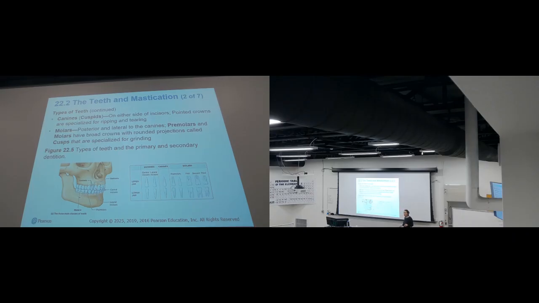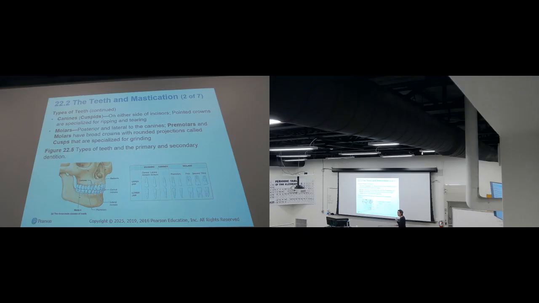We have two types of crown. We have anatomical and we have clinical. Anatomical crown is the crown that is covered by the hardest substance that we have in our body, which is the enamel. That's the anatomical crown. Anything that is covered by enamel will be in the anatomical crown. The clinical crown will be the one that is not covered by gingiva.